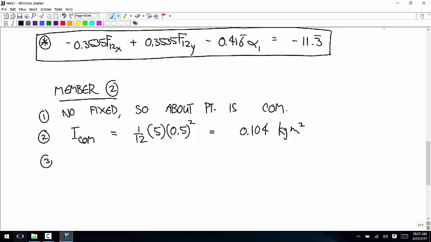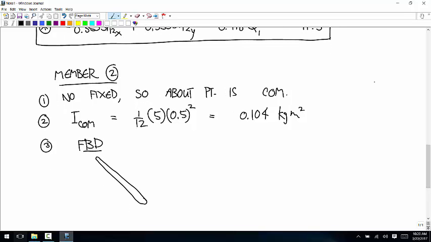And then 3, free body diagram. Okay, so what do we have? We have the weight. 5 times 9.81 is 49.05. We have a contact force at the connection between the two bodies.